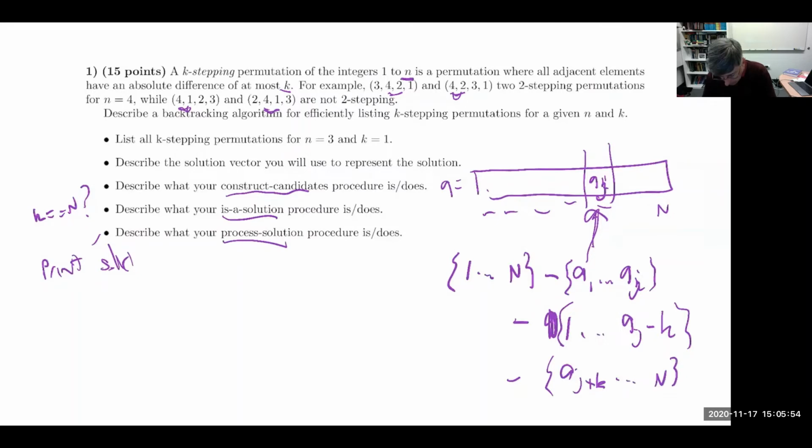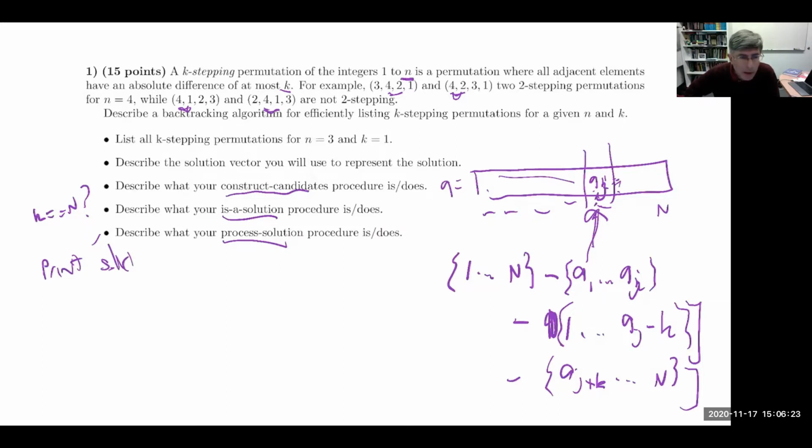So I want to delete the elements that are too small relative to the jth element and too big relative to the jth element. Any questions about that? The only candidates for the next position can't have been used and have to be within k elements, plus or minus, of the last element so far in the permutation. Any questions?